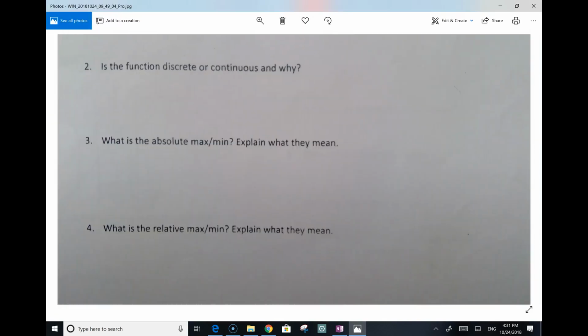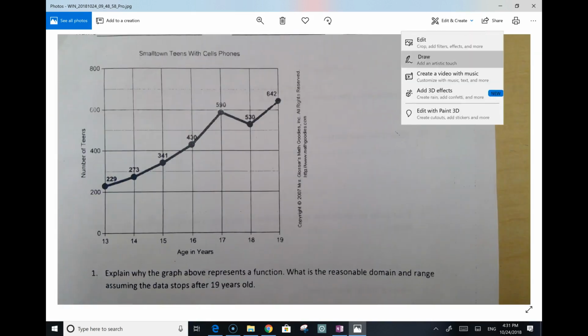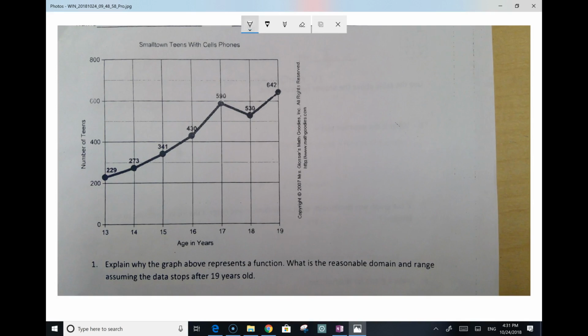What is the absolute maximum and minimum? Explain what they mean. Well, I kind of already answered that, but I'll be happy to do that again. So the absolute maximum for this would be this point right here. As I've already said, this is the absolute maximum. And this point is located specifically at 19, because that's the age in years.